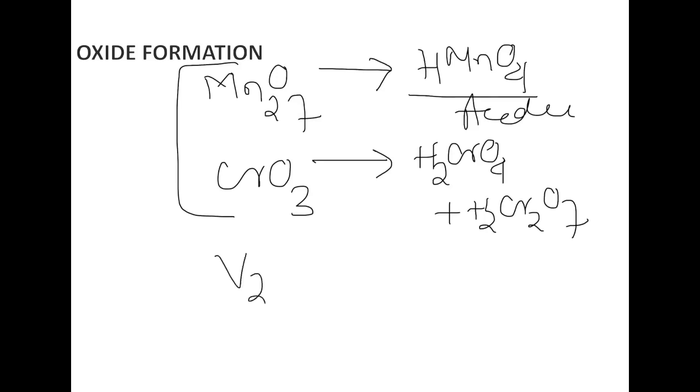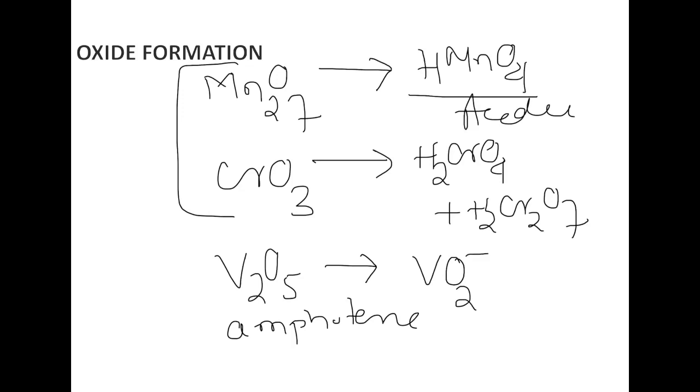But vanadium pentoxide is amphoteric in nature. And this can be converted to the cationic form VO2+ or the anionic form VO4 3-.